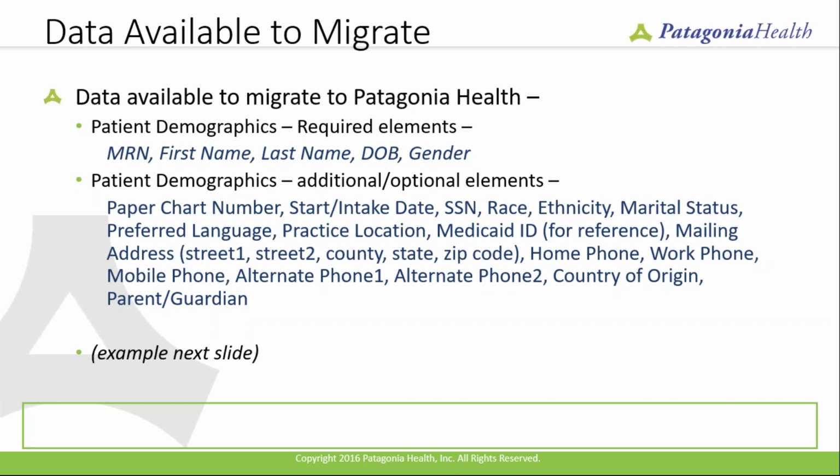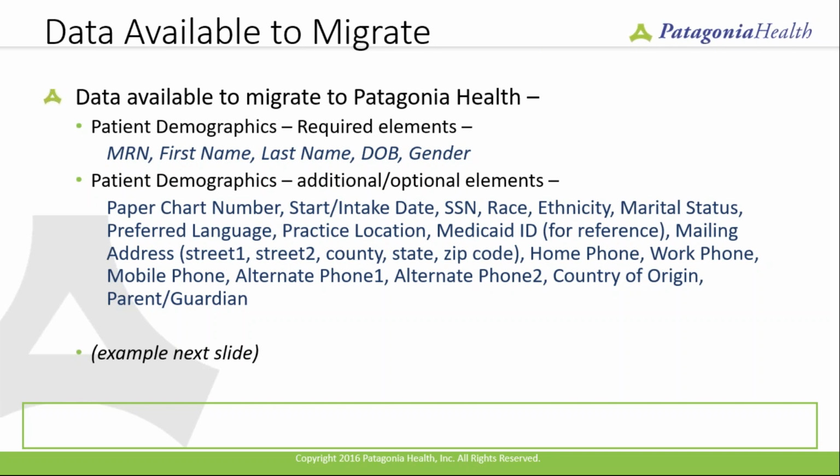We also include, or have the ability to include, at your discretion, a variety of additional items like the paper chart number if you're using a physical chart within the office for easy reference, or start or intake date that you have from an existing system, social security number, race and ethnicity, marital status, preferred language.